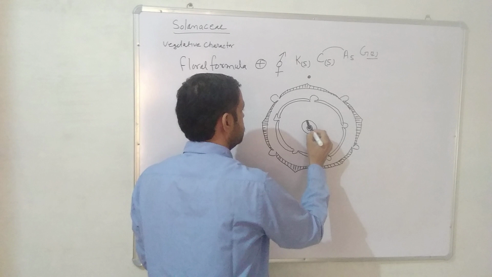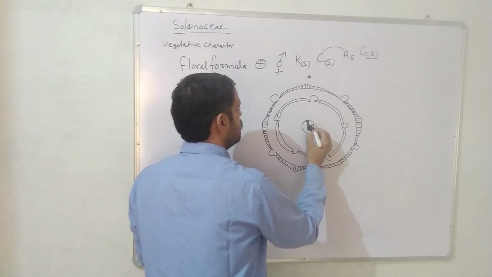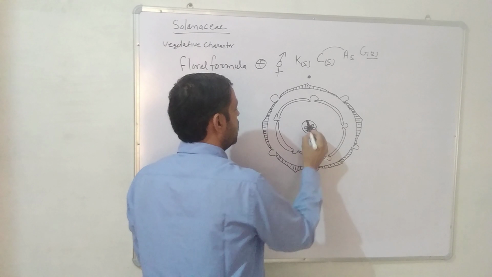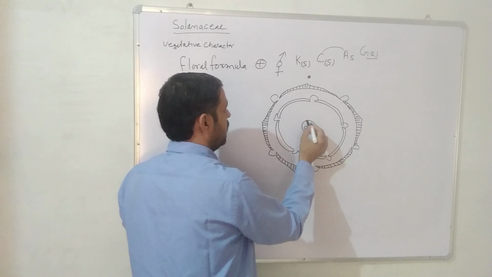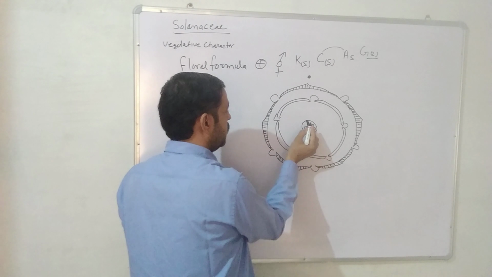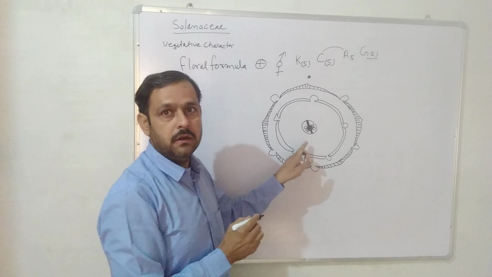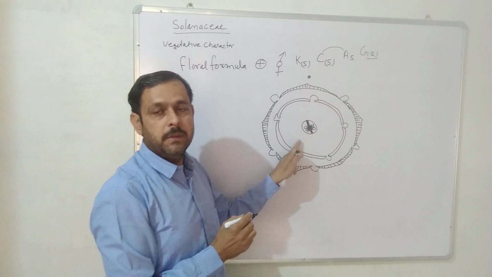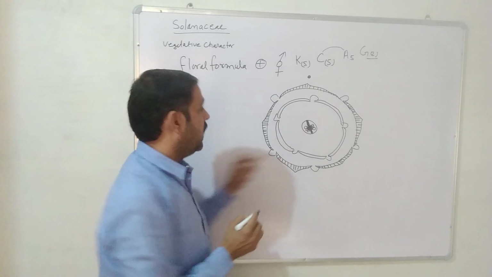So this is the placenta, and here are the ovules, many ovules attached, and the ovary is bicarpellary, meaning one locule and another locule, and a swollen placenta on which so many ovules are attached.